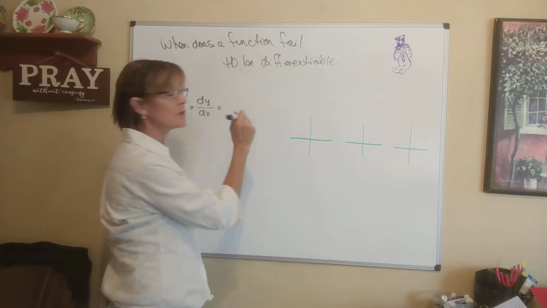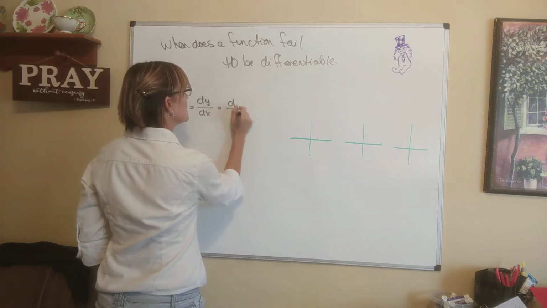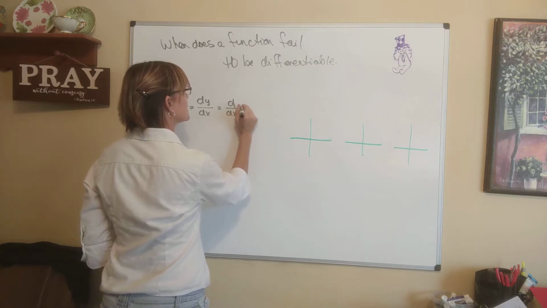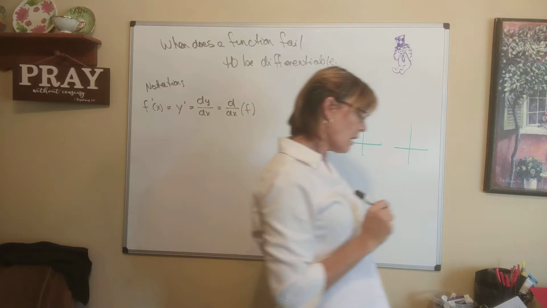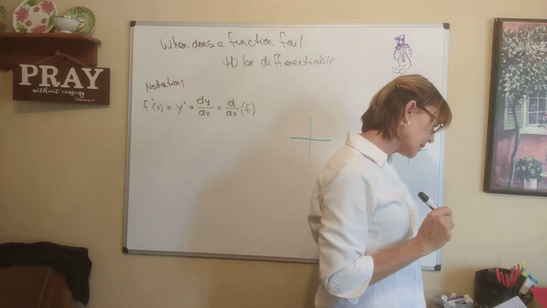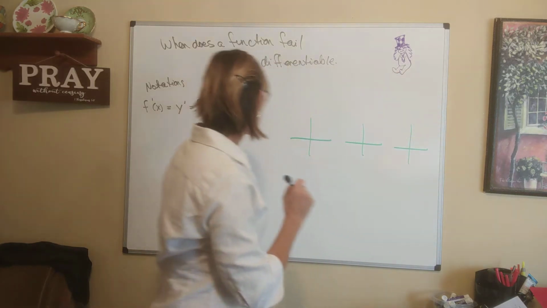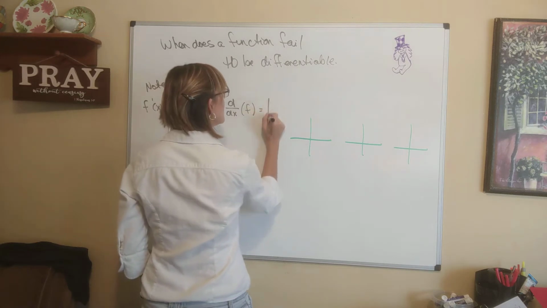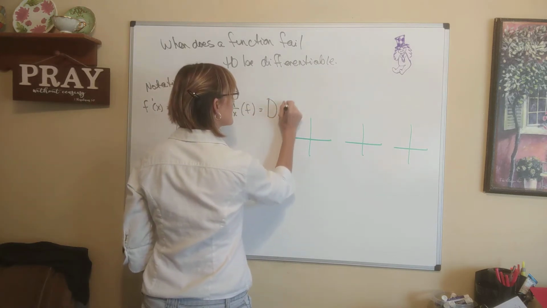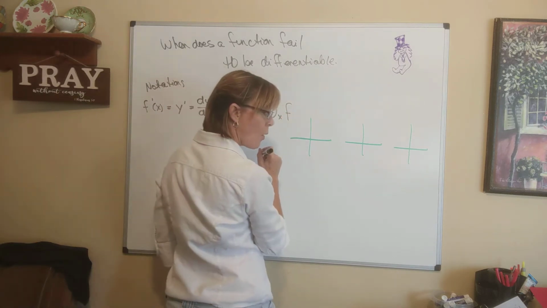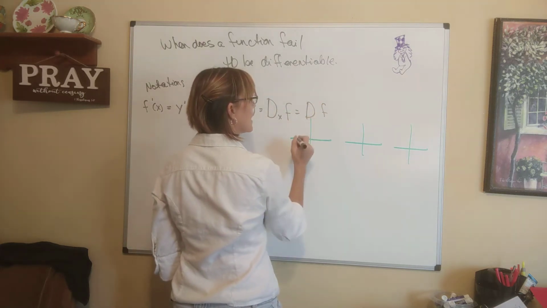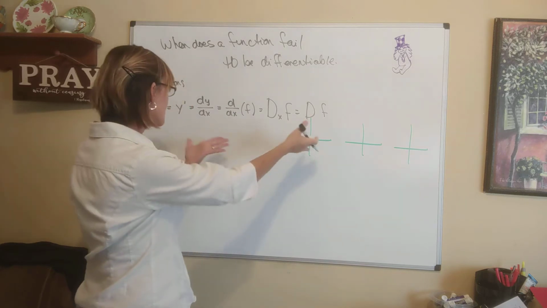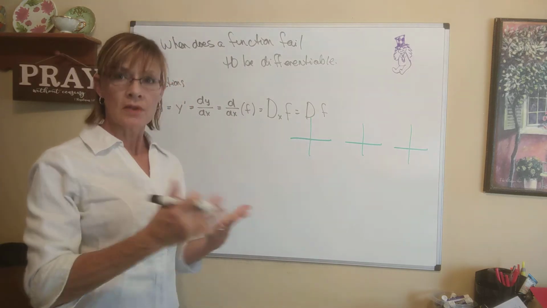The next thing we could write is d/dx of the function f, the derivative with respect to x of f. We can write that. You can also write a big D with respect to x of f, or sometimes they don't write the x, it's just understood that it's with respect to x. So these are different notations of how you can write the derivative.